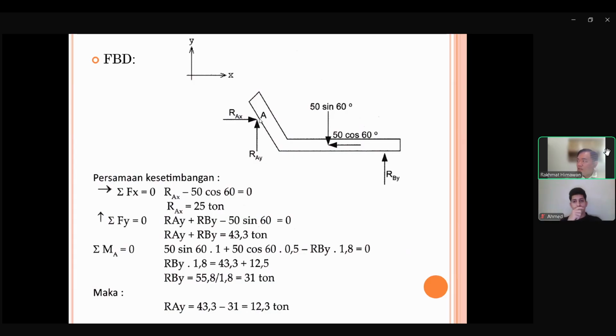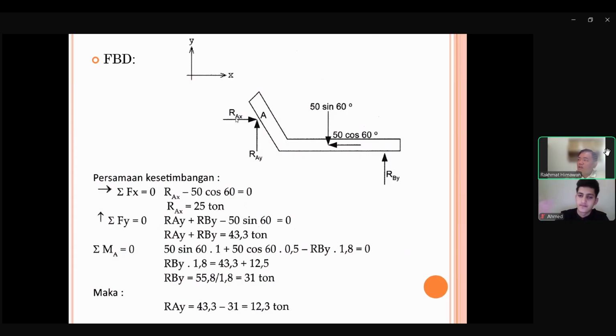That means point A is the center of rotation, if there is a rotation effect, then sigma MA is equal to 0. And why choosing this MA? Because whatever force has no distance between the force and A has zero moment.